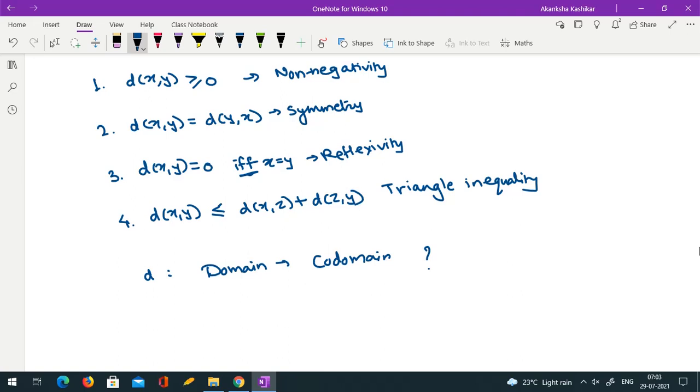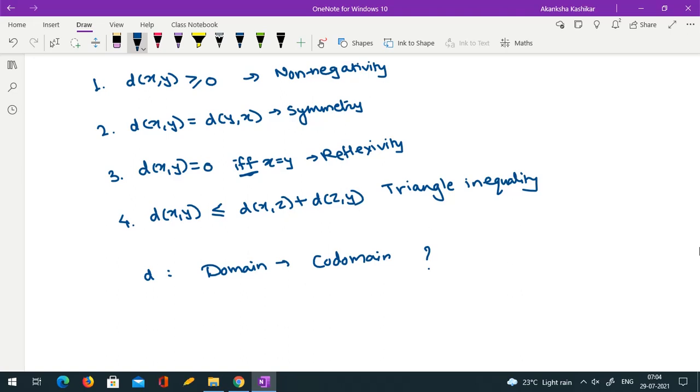Let me give you a hint. Can I say, what is the distance of Pune? Would this question be sensible? Simply saying what is the distance of Pune. Ma'am, it would be R cross R, right?